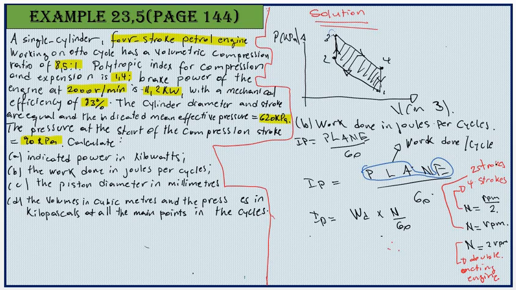You first need to consider these 3 scenarios. In this case, we use the first scenario because we have a 4-stroke engine. For a 4-stroke engine, to get N, we take the RPM given in the problem and divide it by 2.